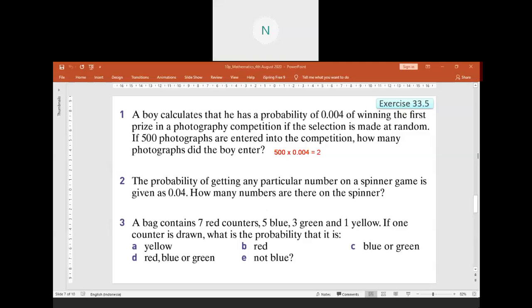If it is full probability, it will be equal to how many? The highest probability will be equal to how many? No, it's not 100. If you say 100, you have to mention 100%. If it is the highest value for the probability, it will always be equal to 1. Now for a number, it will be 0.04.